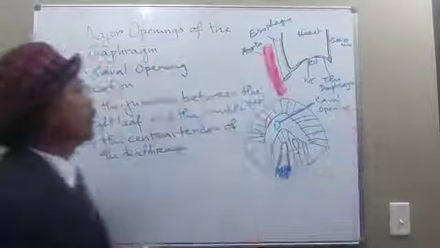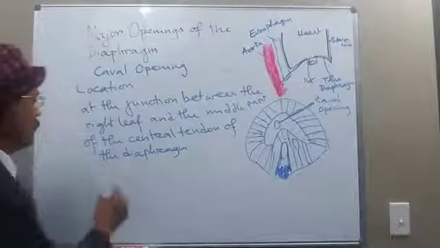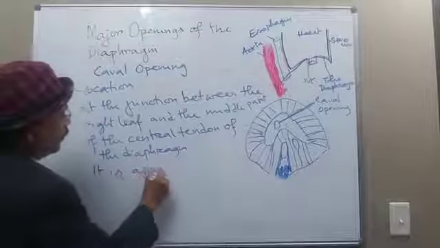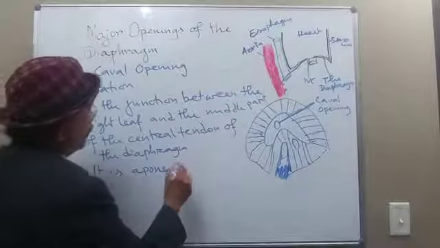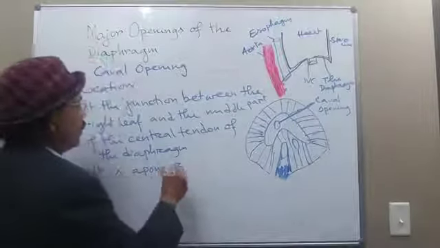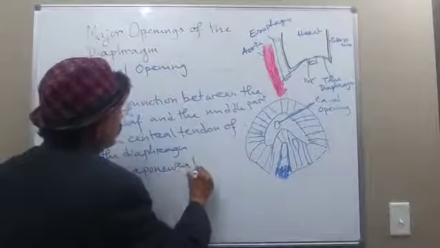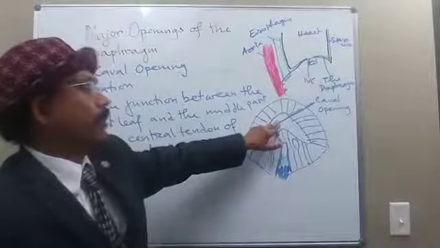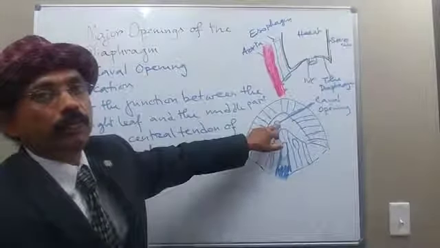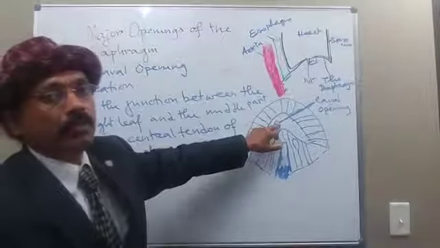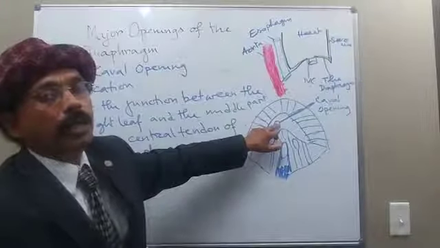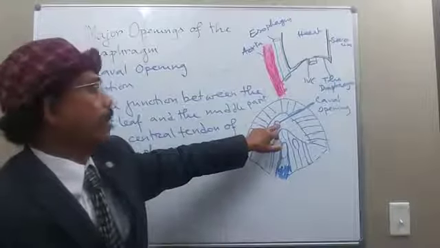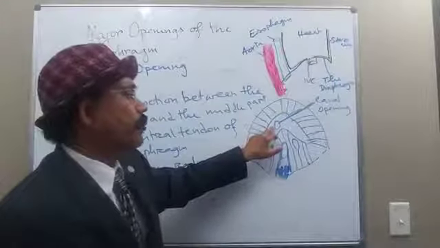Okay, we got that. How is it? It is aponeurotic. This is the vena caval opening of the diaphragm. It transmits the inferior vena cava, some branches of the right phrenic nerve, and lymphatics from the liver to the middle phrenic and the mediastinal lymph nodes. This is aponeurotic.